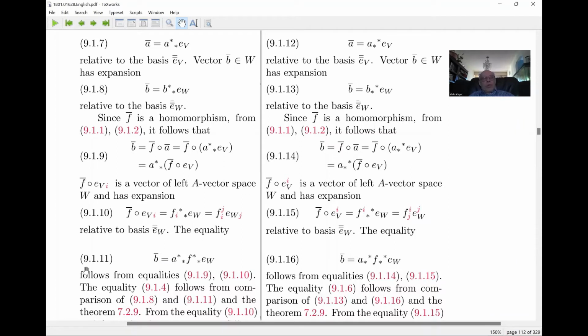The equality 1.11 follows from equalities 1.9 and 1.10.